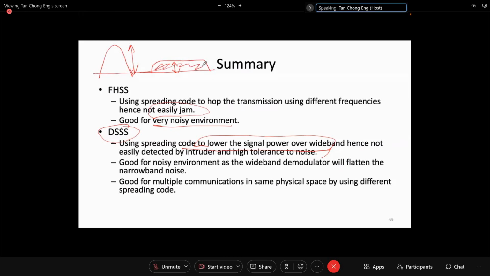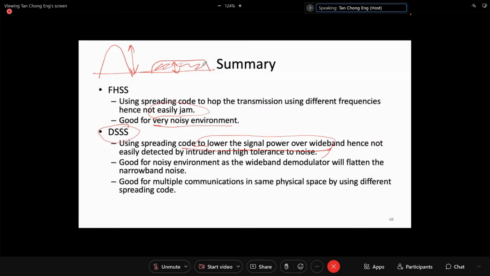So this was the technique used in the military maybe 40 or 50 years ago. But now this technique is made easily available to the entire community. You are free to use this concept.